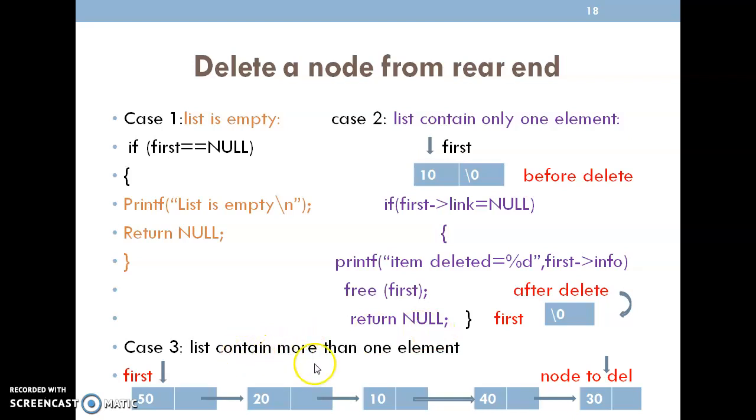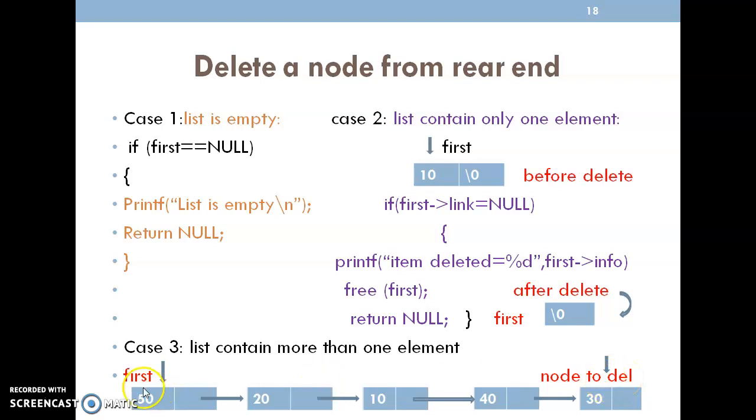Then if the list contains more than one element, now I am going to delete from the rear end. Out of the 50, 20, 10, 40, 30, I am going to delete from the rear end. So this node has to be deleted. In order to delete this, I need to first get the last node of the linked list. How to get the last node?